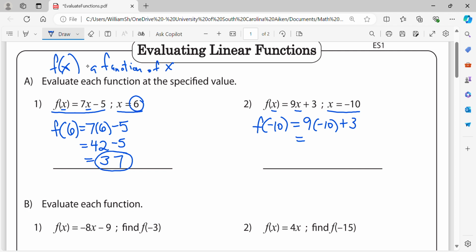Then we're just going to solve this right hand side. 9 times negative 10 is negative 90, plus 3. Negative 90 plus 3 gives us negative 87, and that is our answer. So when we plug negative 10 into this function, it renders a value of negative 87.